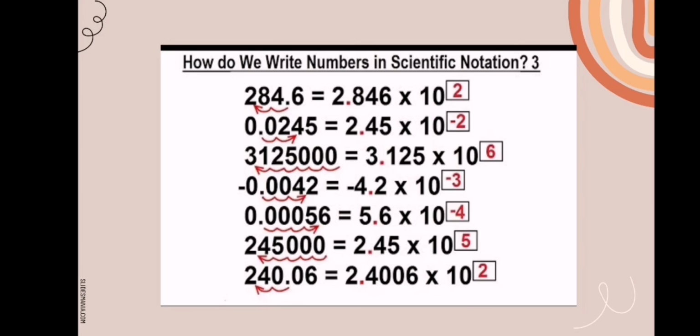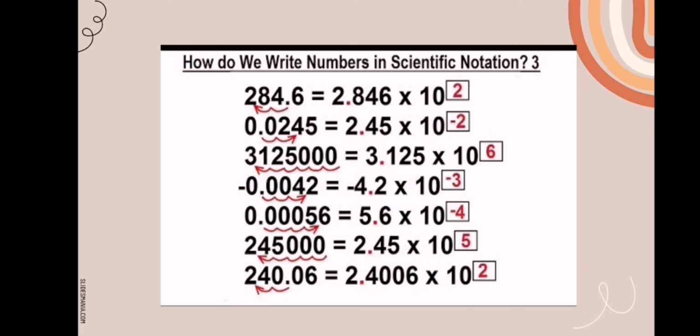284.6 is equal to 2.846 times 10 to the power of 2. 0.0245 is equal to 2.45 times 10 to the power of negative 2. 3,125,000 is equal to 3.125 times 10 to the power of 6.